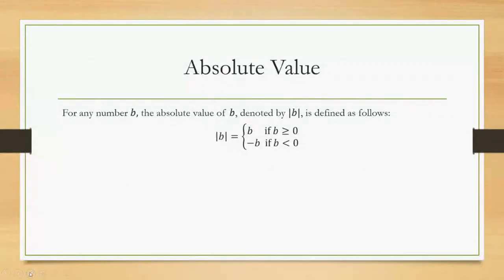Here, B is any number. So this is the definition of absolute value. For any number B, the absolute value of B, denoted by this, is by definition given this way. It's actually what they call a piecewise defined function.